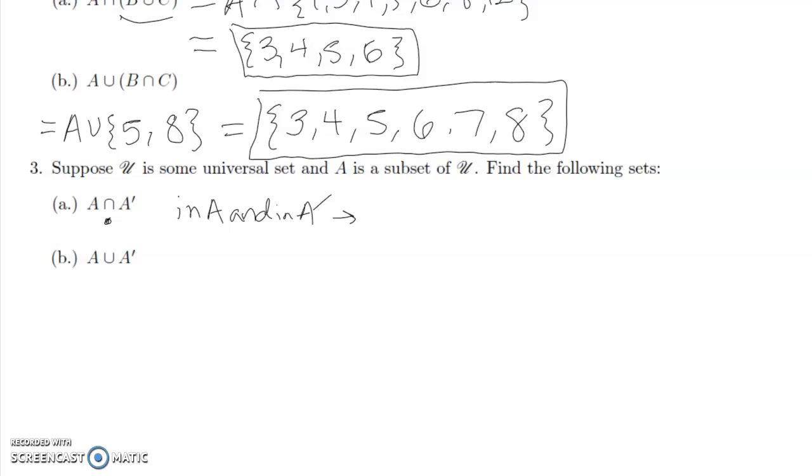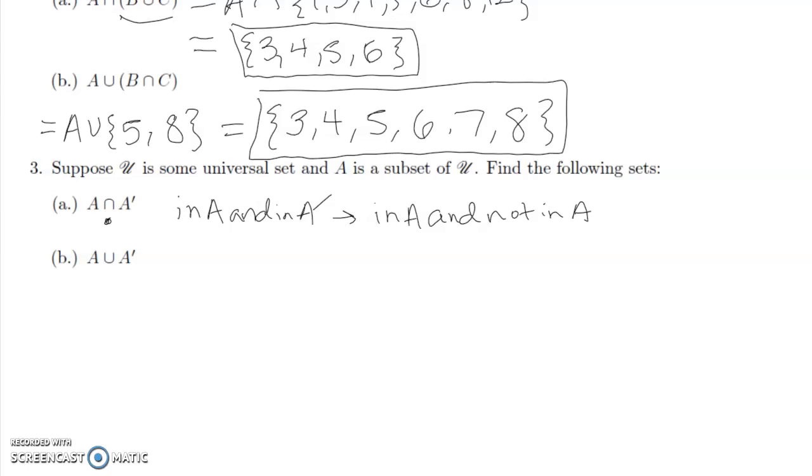Now, let's try and remember what A complement means. That means that I need to be in A and, well, A complement was the opposite of A. It meant that it was all the elements not in A. So I need to be both in A and not in A.